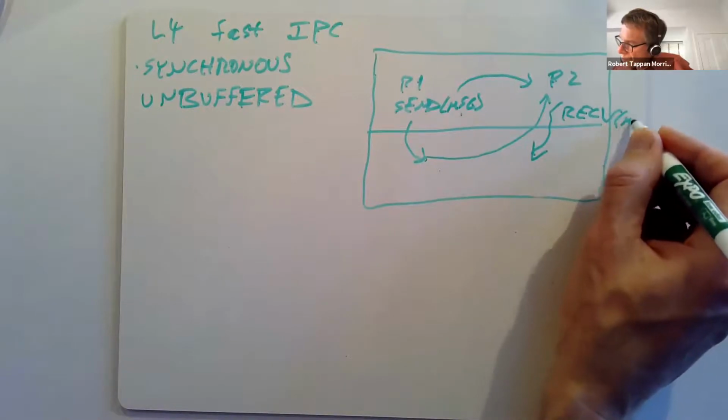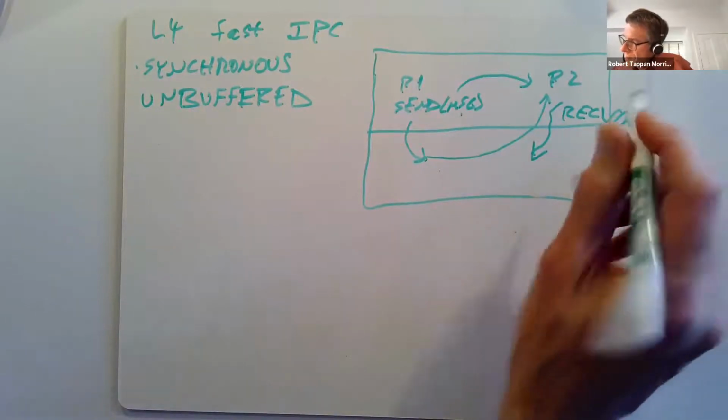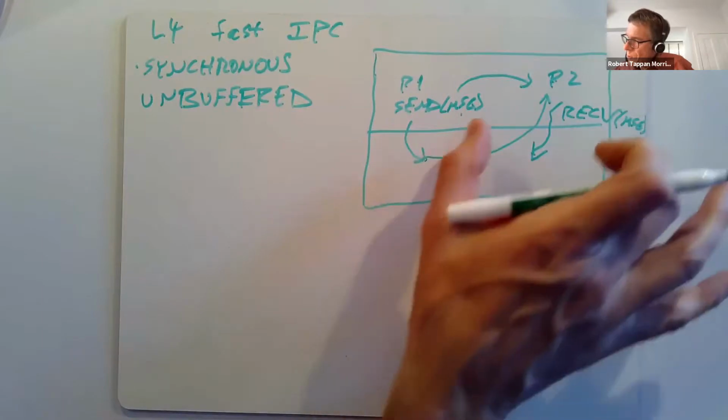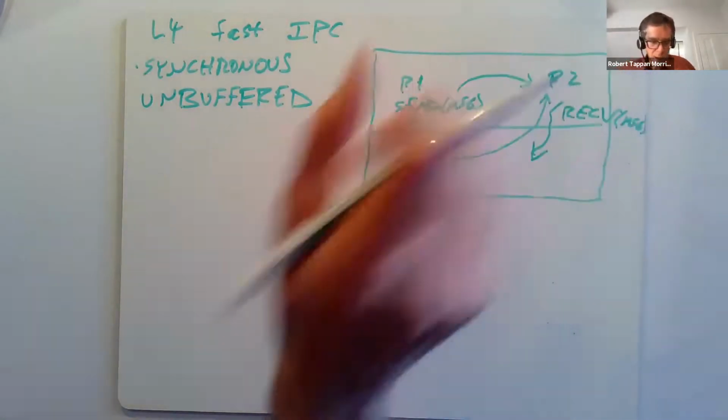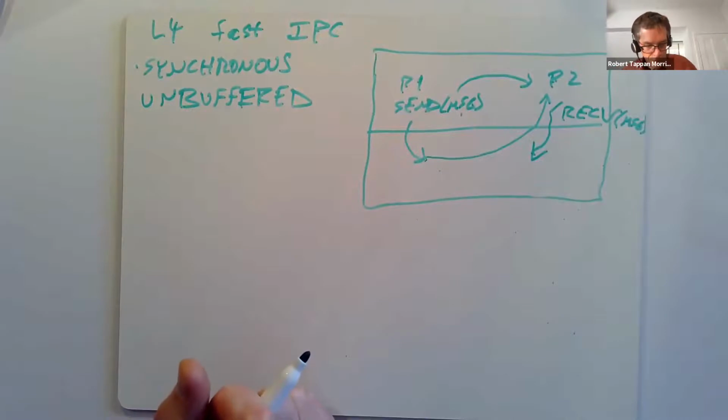Receive specifies where it wants the message to be deposited. So at this point, we know both addresses, and the kernel can just do the copy directly instead of through the kernel.